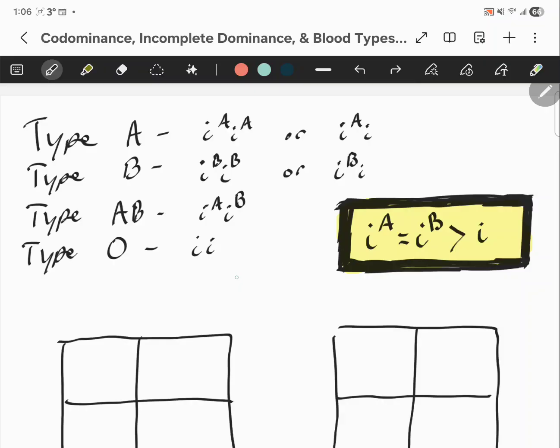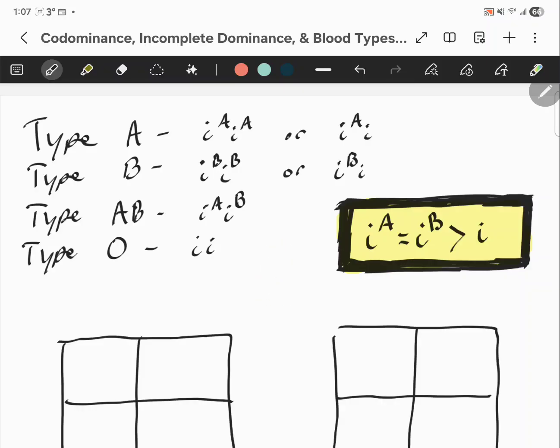So the only way we get type O blood is when we have I with no exponent and I with no exponent. Otherwise, if we have an I^A with an O, again, the A covers up for the O.